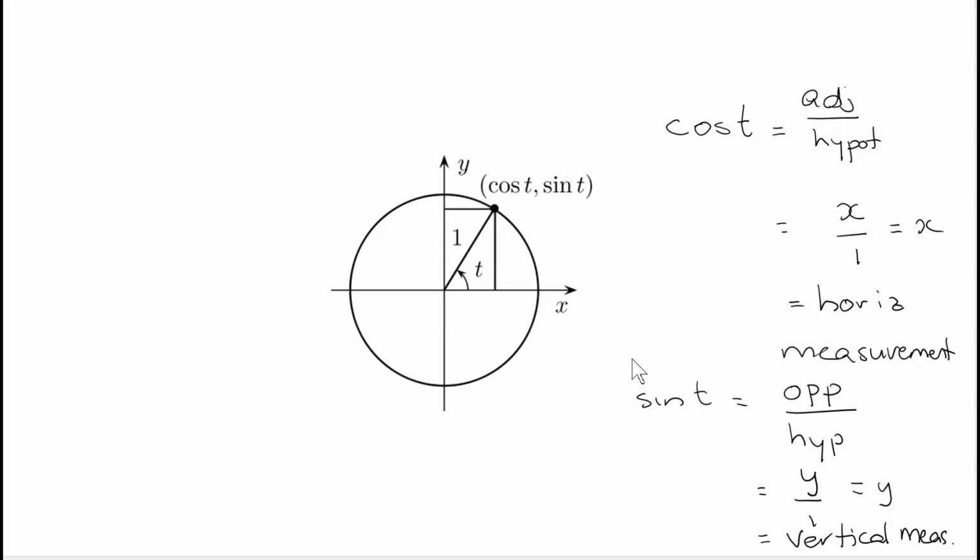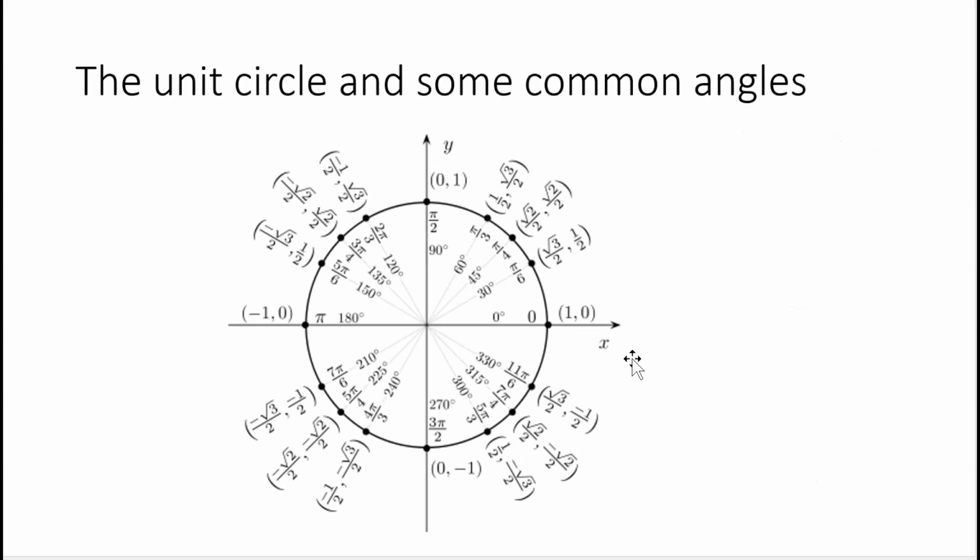Now, when you do this for the common angles, what you get are the ratios that we looked at in class 1. So if I was to drop a right angle line down from, say, 30 degrees, and then looking for sine 30, we know it's going to be the opposite over the hypotenuse.